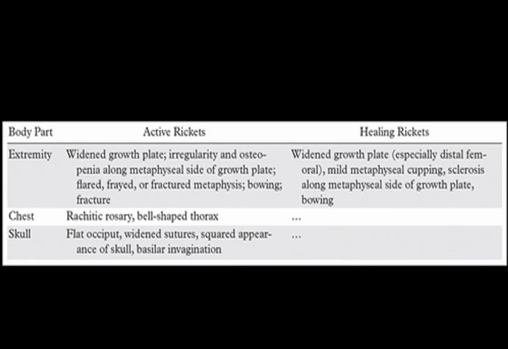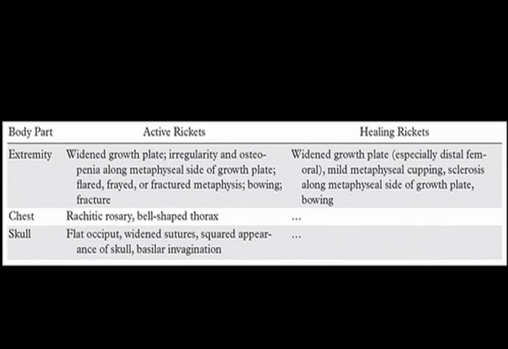So in general, in rickets, this is the overall pattern we have to remember. In the extremity: widening of the growth plate, irregularity and paintbrush metaphysis. In the chest: rachitic rosary. There will also be a bell-shaped thorax, but that can also be seen in some dysplasias. In the skull: flat occiput, widened sutures, squaring of the skull, and basilar invagination is the other finding.